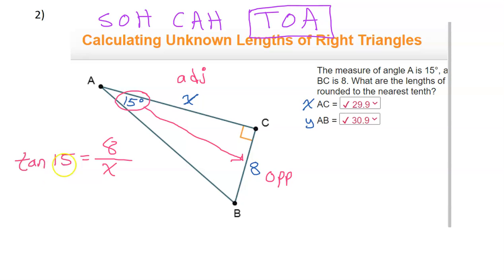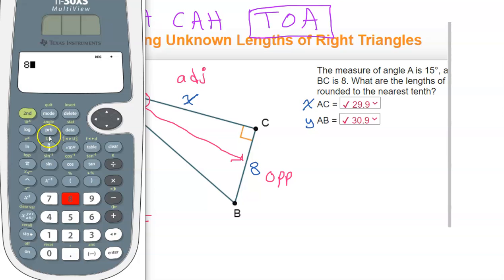Alright, when the variable is in the denominator like this, the way you solve it is by swapping these. Alright, that is legal. Memorize this. When the variable is in the bottom, you swap. So the new equation will be X equals 8 over tangent 15. And this is something you can just put in your calculator.